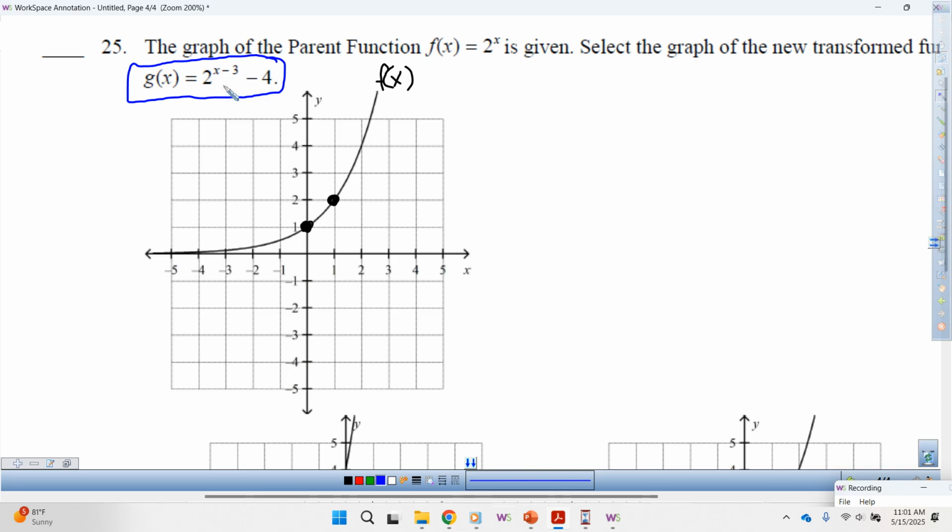Three to the right, and 4 down. Let's see. 1, 2, 3. 1, 2, 3, 4.